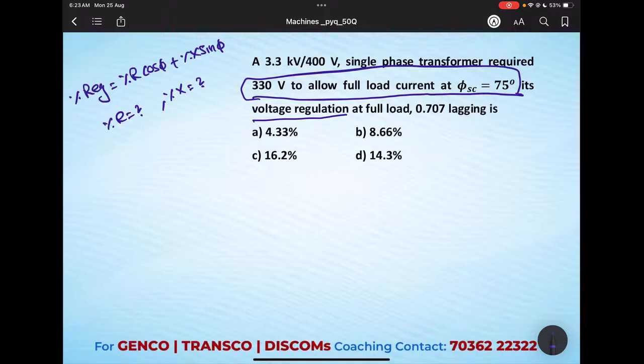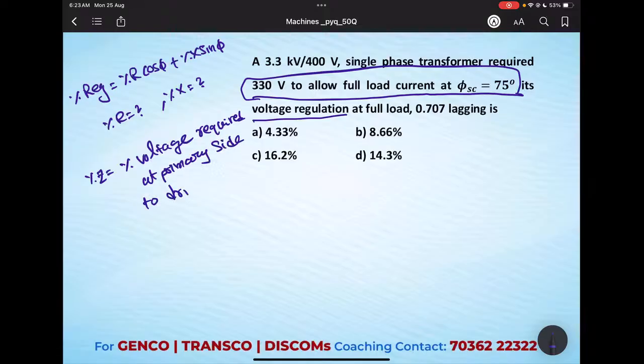The percentage impedance is equal to the percentage voltage required at the primary side to drive rated current in the secondary side. You might have studied this concept in the short circuit test of a transformer.